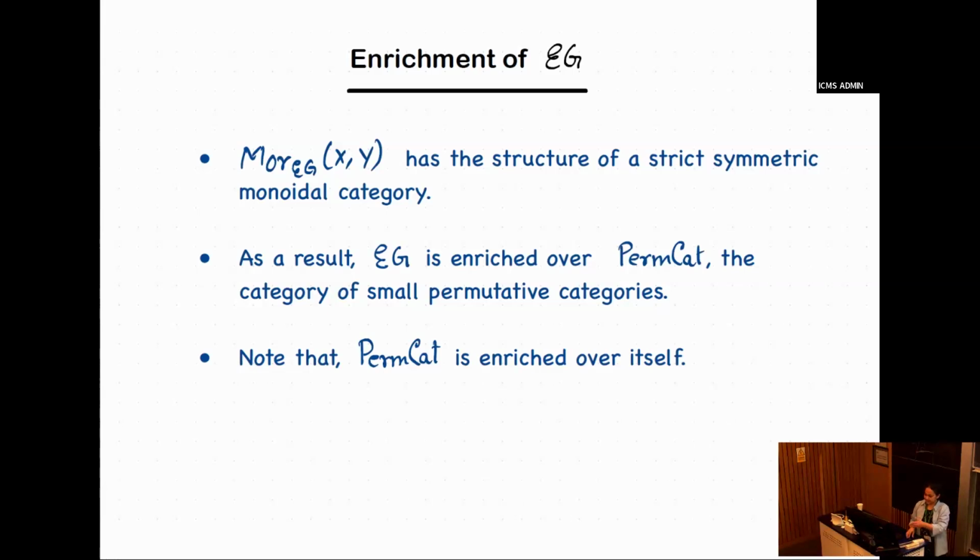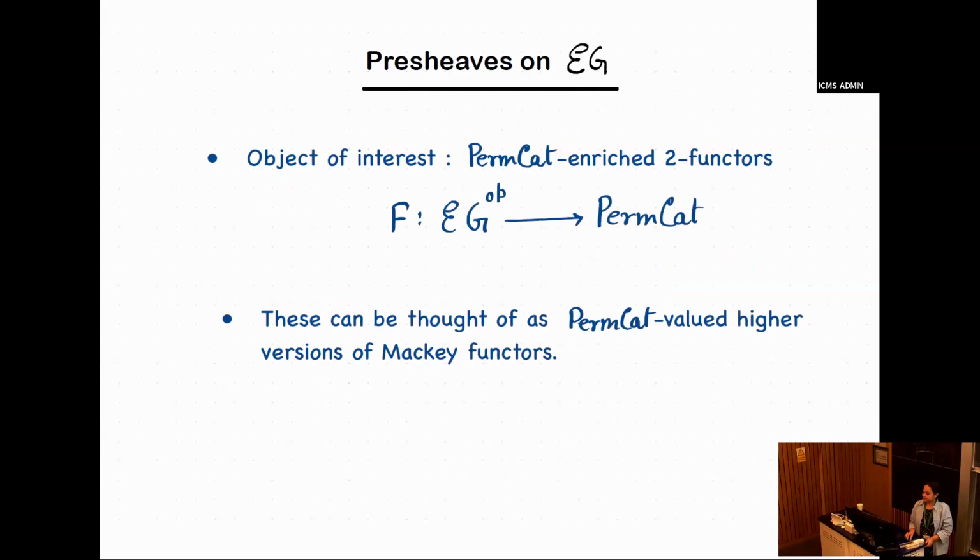So that's why I wrote the line that permcat is enriched over itself. So our object of interest is presheaves on EG that are permcat-enriched 2-functors F from the opposite category of EG to permcat. These can be thought of as permcat-valued higher versions of Mackey functors.